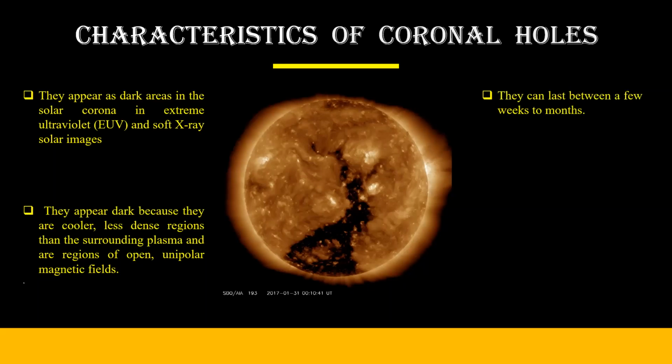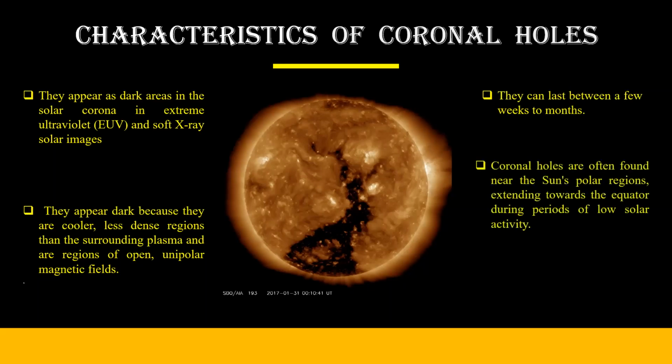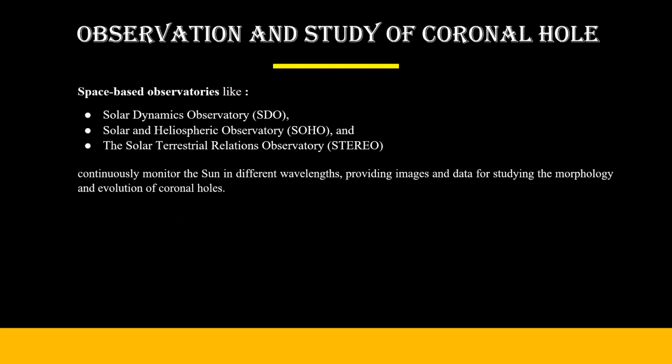Also, they last from a few weeks to a few months. They are also found near the solar polar regions, extending towards the equator during periods of low solar activity. And as I said, these usually last during the solar minimum. So now Mayank will explain the observation and study of coronal holes.